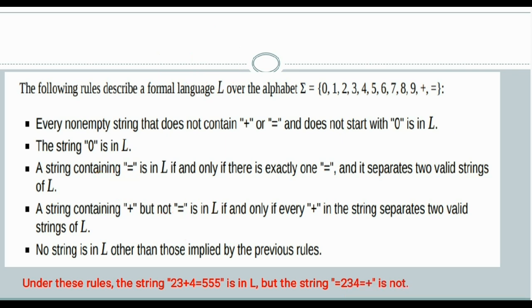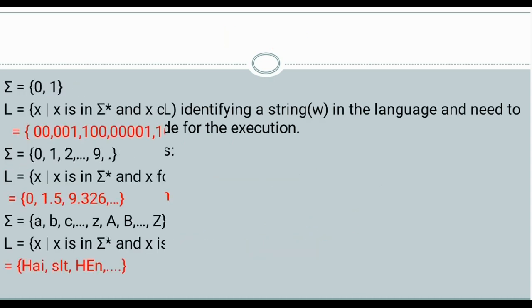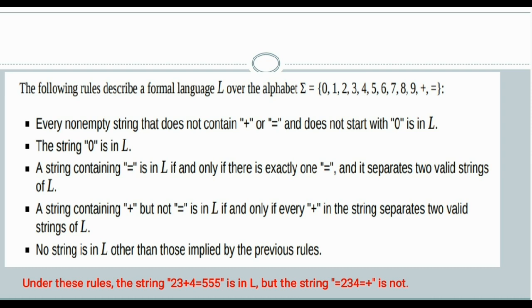You can see the next one, the two examples you have considered here. The first example: 2 3 plus 4 equals 555. It is satisfying because the plus and equals are separated by valid strings, at least two symbols.